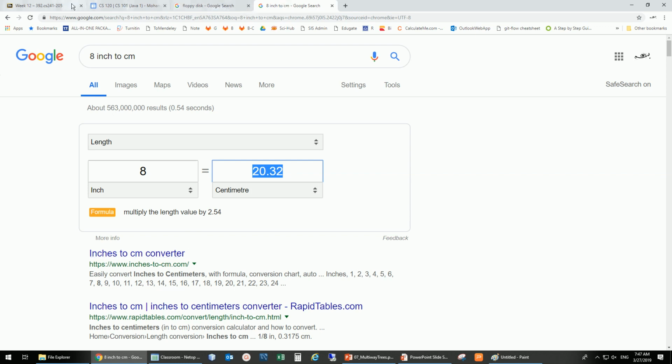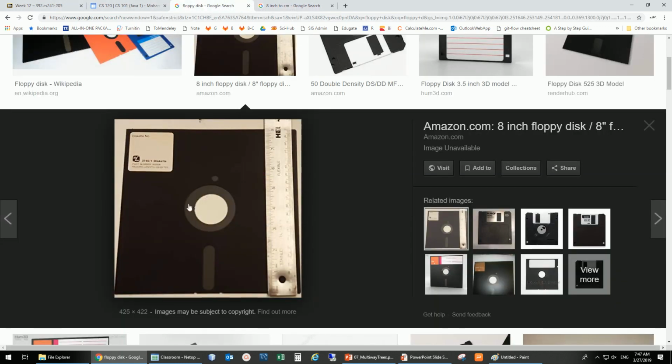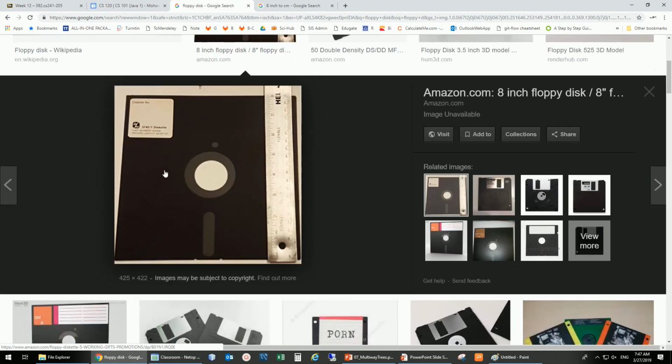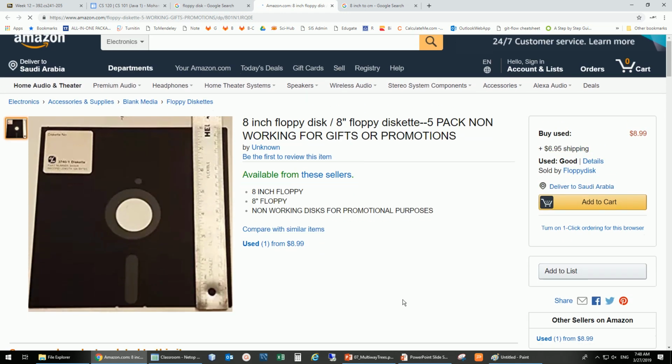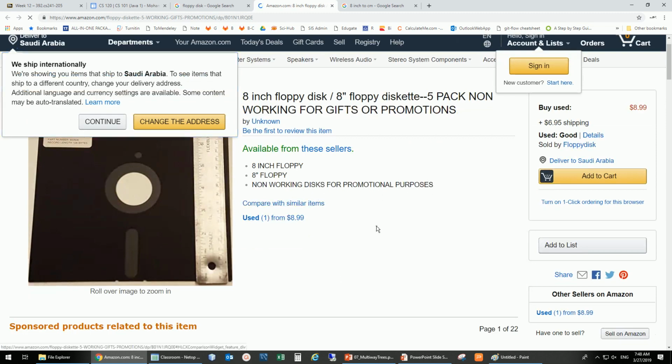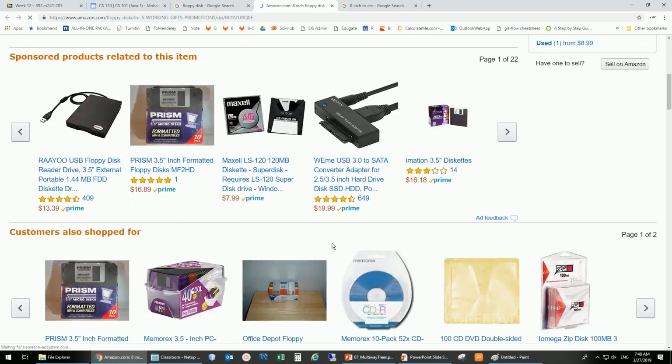At the time, I don't know what the capacity of this was. It would be interesting to see that. I don't know the size of these floppy disks.